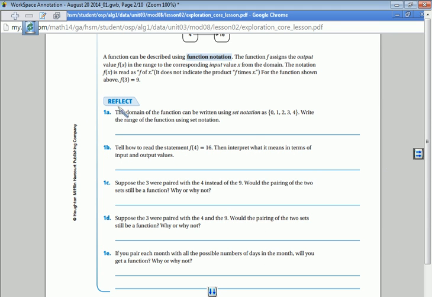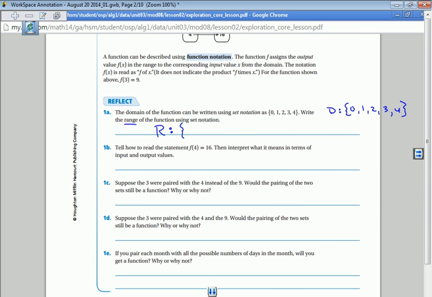Now we're going to look at this reflection down here at the bottom. Since the domain of that function above, the one we just looked at the mapping, can be written in set notation. So this domain includes the elements, and we would use braces. See how they have the brace at the end? 0, 1, 2, 3, and 4. And they're asking us to write the range in set notation. So the range contains what elements?